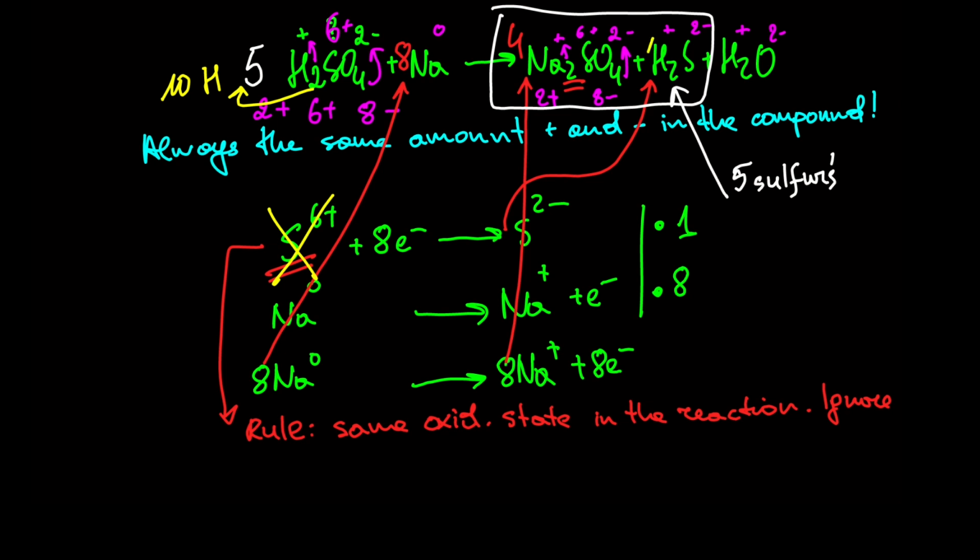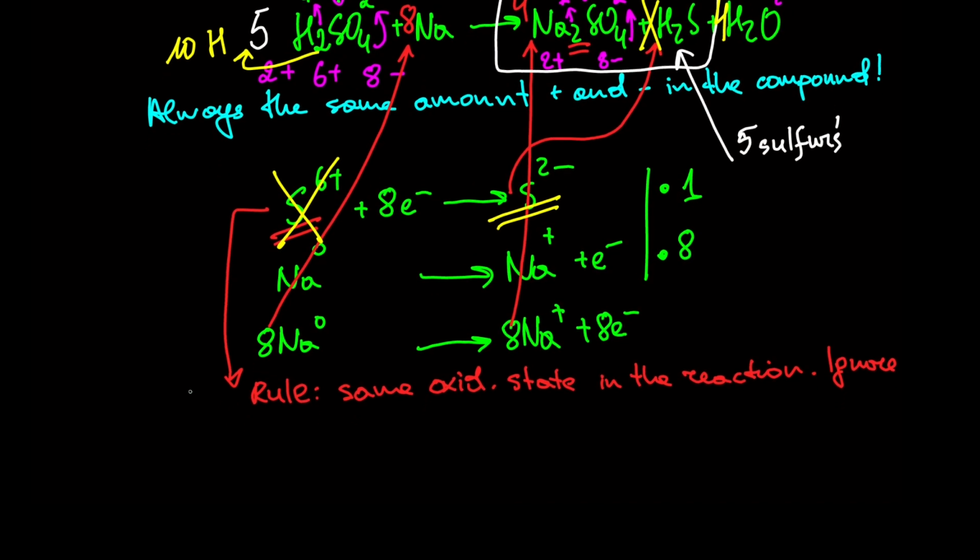We can't write the coefficient in front of H2S, because in half reaction, we have only one S2 minus ion. So that means we can only write the coefficient in front of water, and that coefficient is 4. Now we have an equal number of hydrogen atoms as well.